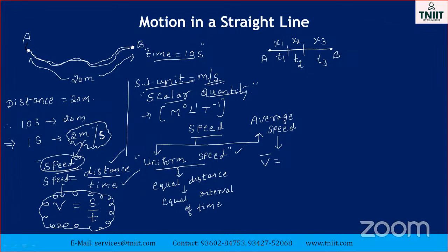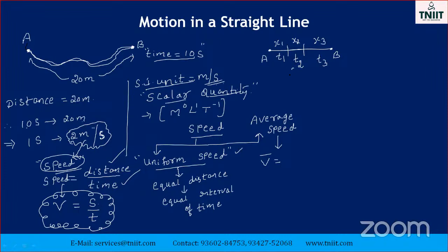Now for the equal intervals of time, we are getting the equal distances. Like for t1, the distance is x1. For the time t2, the distance is x2. For the time t3, the distance is x3. Now, how to calculate the average speed for this case?